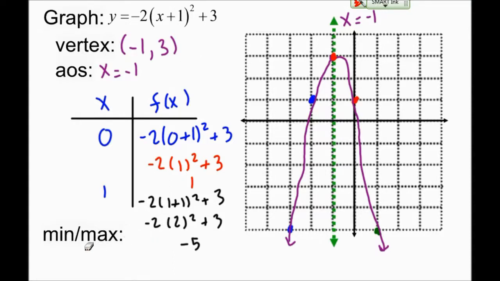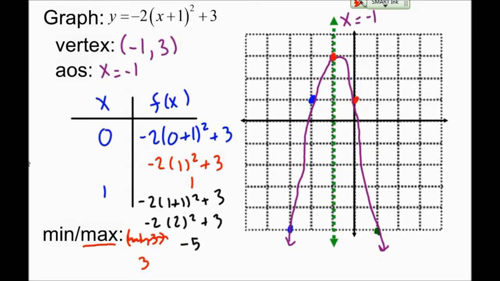So our maximum, in this case, is located at the point (-1, 3). Generally, we just like to say our maximum value of the graph is 3. You don't really need to include the point. We know it's the vertex, but we say we have a maximum function value of 3.